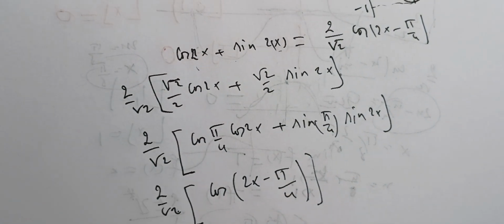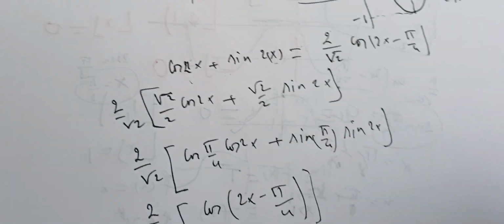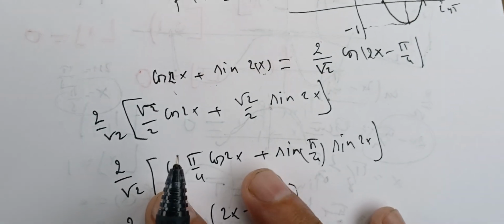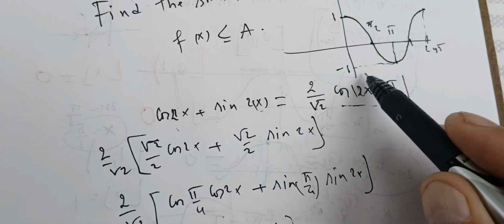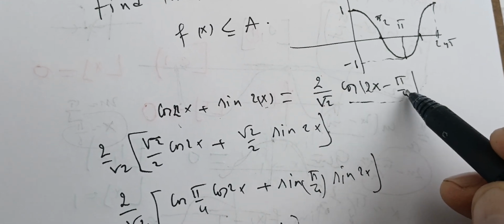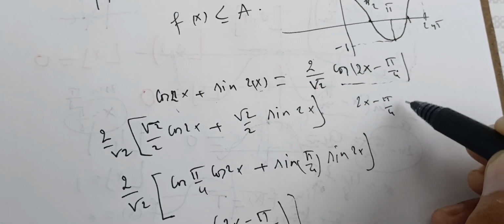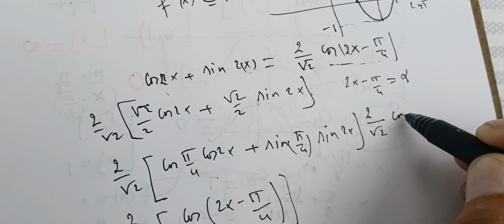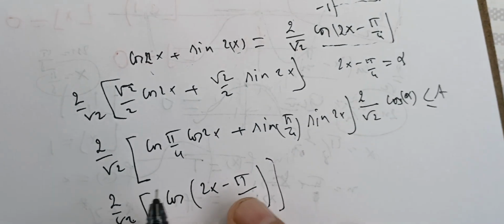So we want to find the positive a such that 2 over square root of 2 cosine of 2x minus pi over 4 is less than a, with a positive. If we think of 2x minus pi over 4 as some alpha, we are looking for 2 over square root of 2 cosine of alpha less than some a that we need to determine.